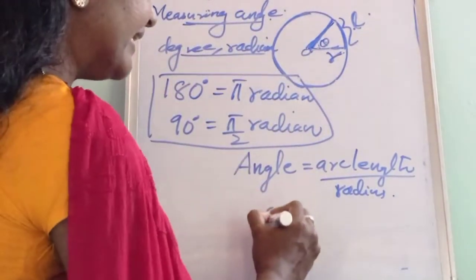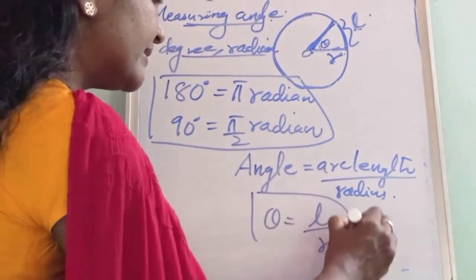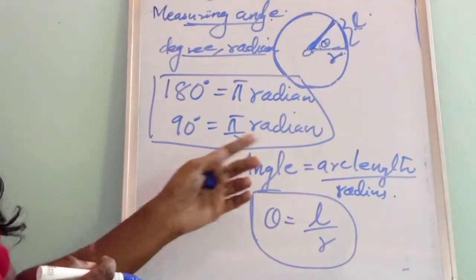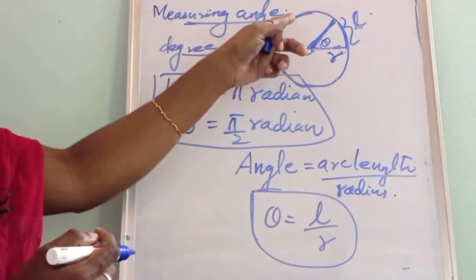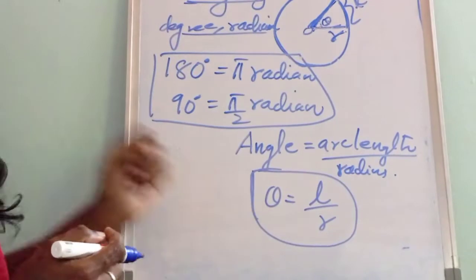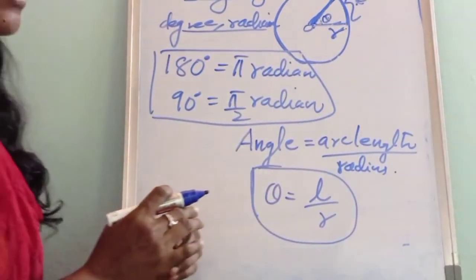So we can write theta is equal to L divided by R, where theta is the angle, L is the arc length, and R is the radius.